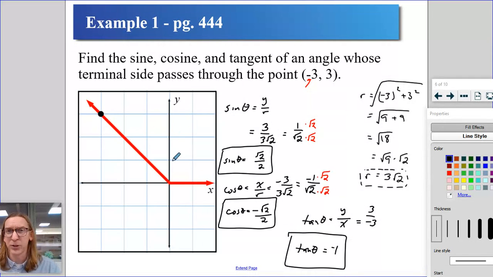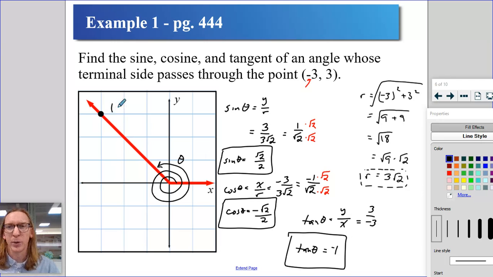Now, notice that in this picture, I didn't bother drawing what direction the angle rotates because it doesn't really matter. The measure of the angle is only as important as figuring out where the terminal side is located. So whether this angle rotates in the counterclockwise, positive direction, or in the clockwise, negative direction, or maybe it rotates in the positive direction multiple times before finally terminating here, isn't as important as where the angle is located.